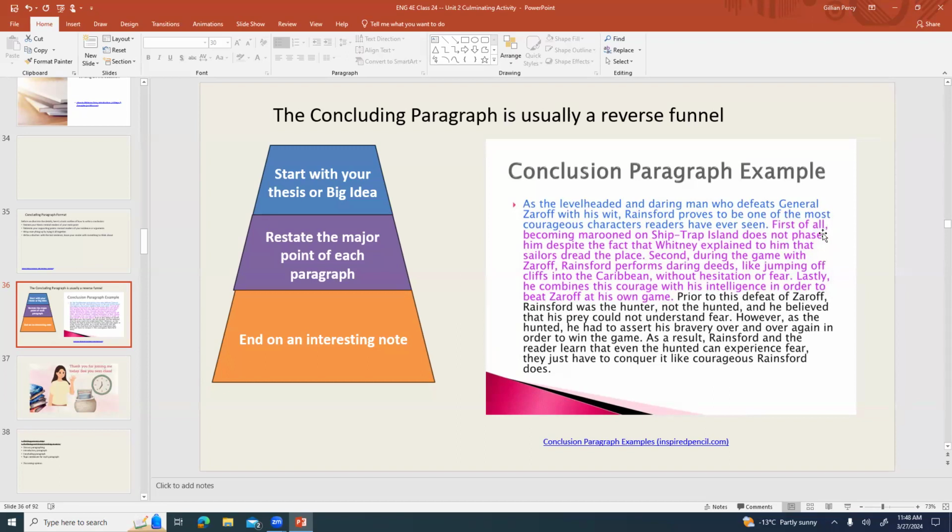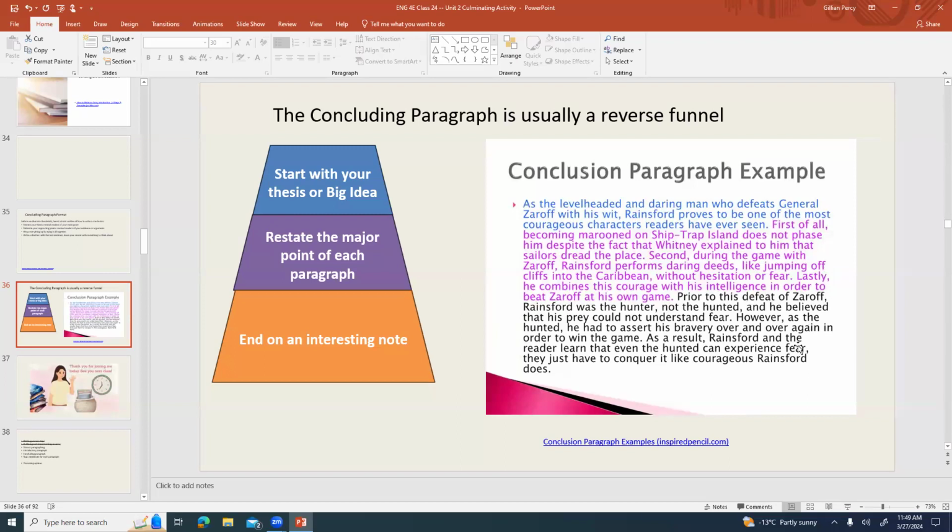First of all, becoming marooned on Ship Trap Island does not faze him, despite the fact that Whitney explained to him that sailors dread the place. Second, during the game with the Zaroff, Rainsford performs daring deeds like jumping off cliffs into the Caribbean without hesitation or fear. Lastly, he combines this courage with his intelligence in order to beat Zaroff at his own game.